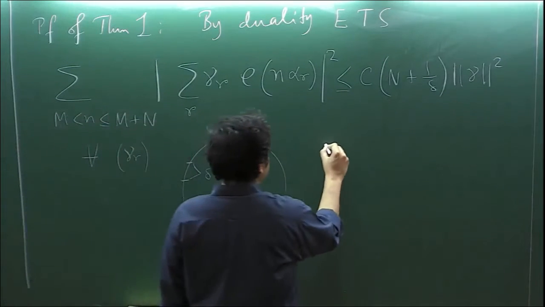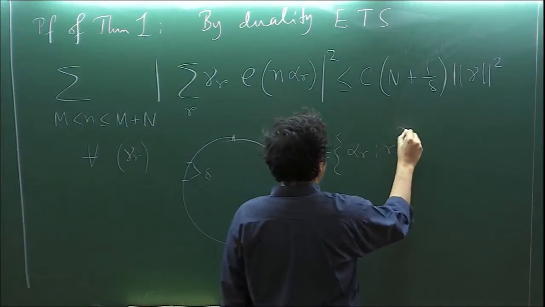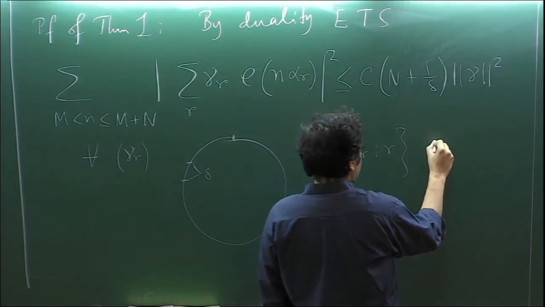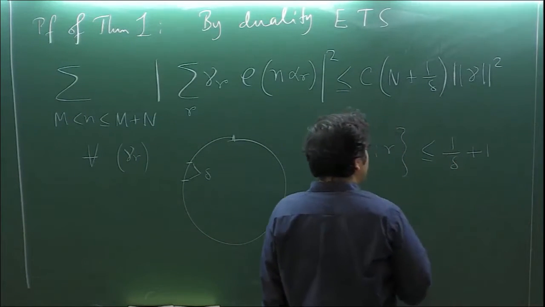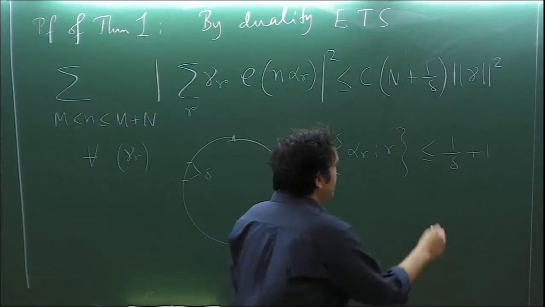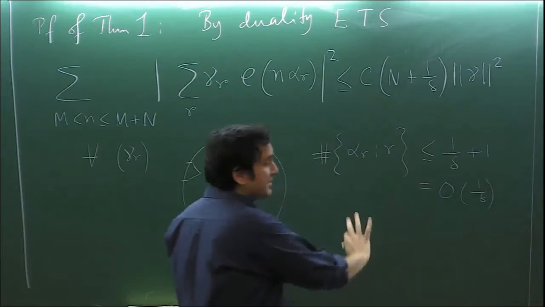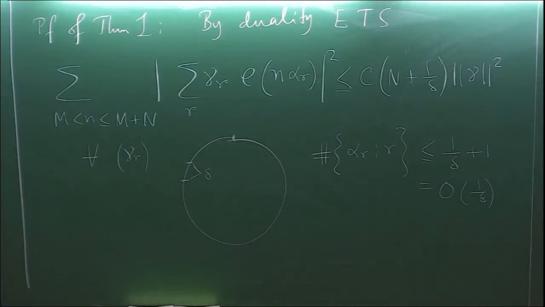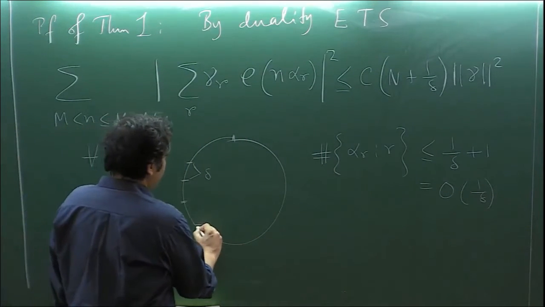So the cardinality of the set of alpha r is at most, I think, 1 by delta, or at most 1 by delta plus 1. To be safe, let's do this. So in particular, this is O of 1 by delta. One should always keep this in mind. Okay, so these are the points alpha r.